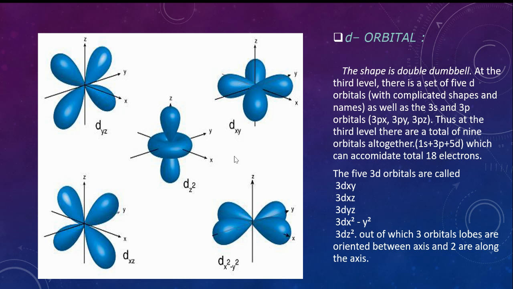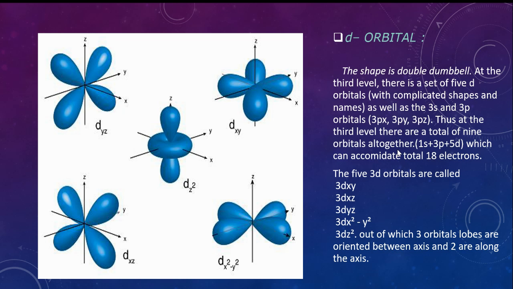Degenerate orbitals are the orbitals which have the same energy. Like the 3s and 3p orbitals, at the third level, that means n is equal to 3, that is in the third shell, there are a total of 9 orbitals. In the first level, there is only one orbital, that is s.